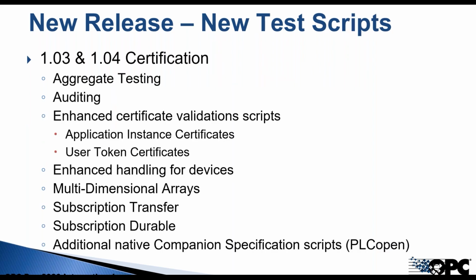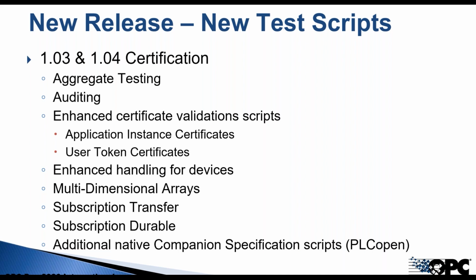So having that said, we also do have a new release of the compliance test tool, and the test tool is available for the 103 version and the 104 version of the specification. And for those versions, we did add a lot of new features.